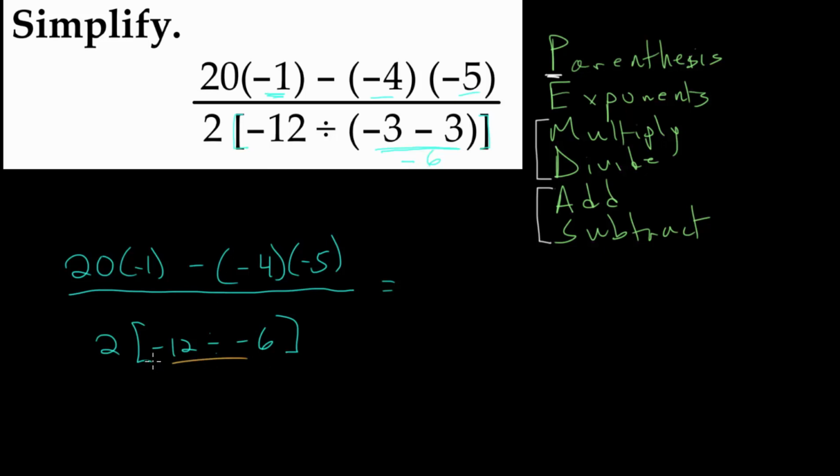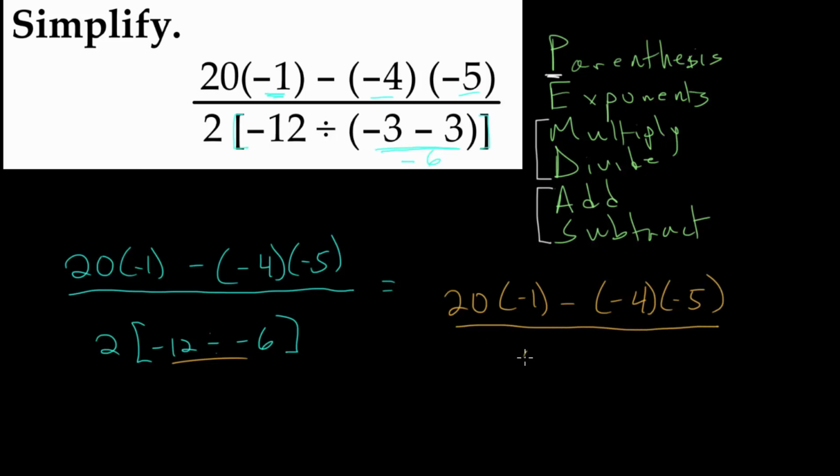So we will do minus 12 divided by minus 6, which is equal to 2. So let's rewrite it. We have 20 multiplied by negative 1 minus negative 4 multiplied by negative 5, all divided by 2 multiplied by 2, and I'll just use parentheses instead of brackets since they are equivalent.